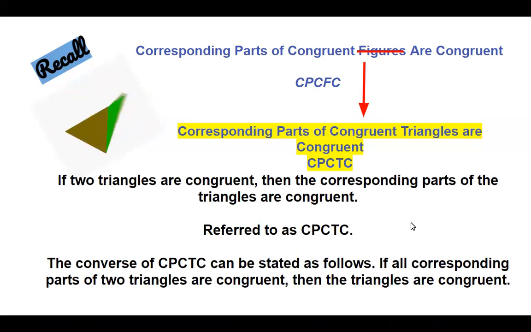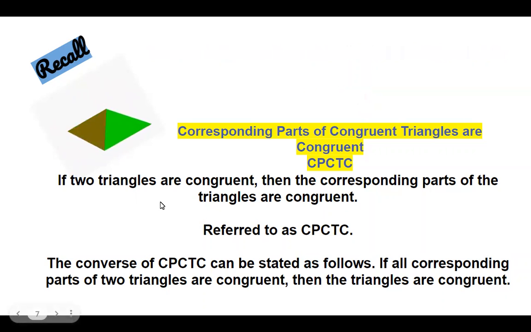So we now have our statement CPCTC, where if we have two congruent triangles, then the corresponding parts should be congruent. And vice versa, if we have corresponding parts that are congruent, we can state that we have the two congruent triangles. We were able to identify which parts were congruent to which, and then identify our congruency statement with the proper corresponding parts.